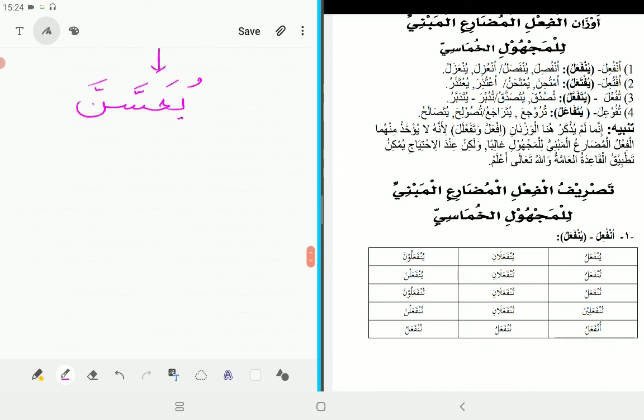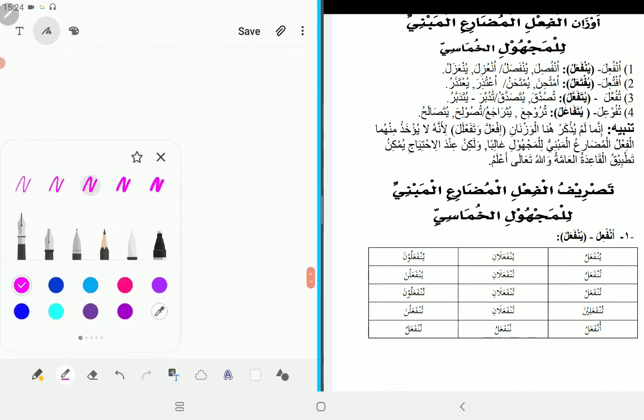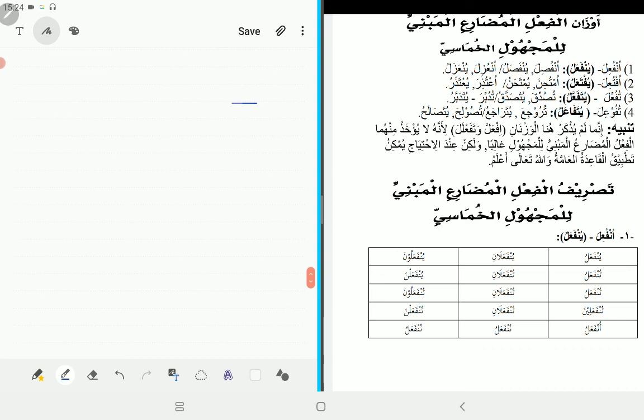So if you were to apply this, let's look at the verb. He's given us a verb here, infasala. When this goes into the mudari', you will say yanfasilu.